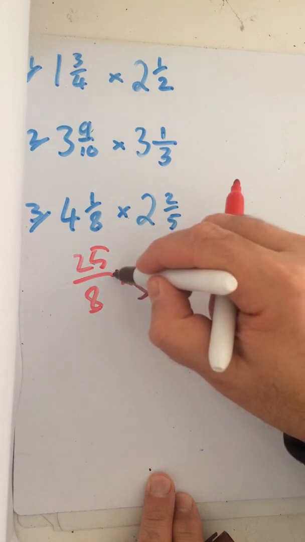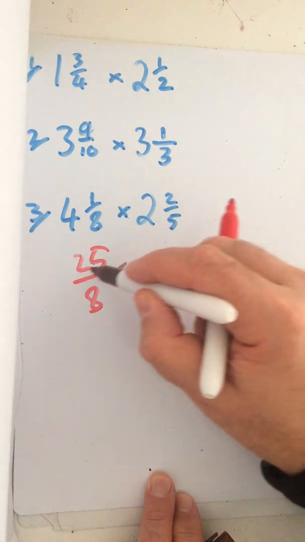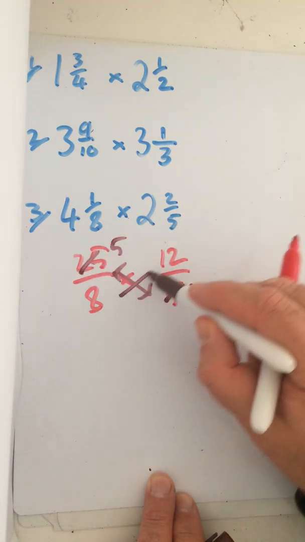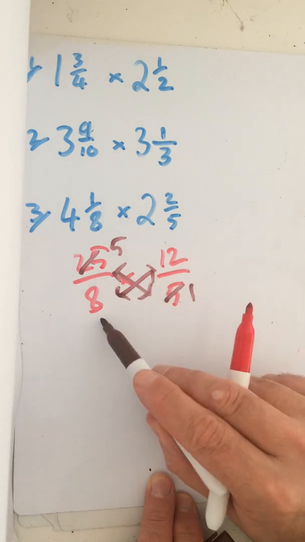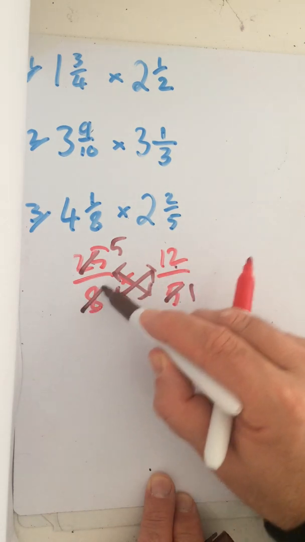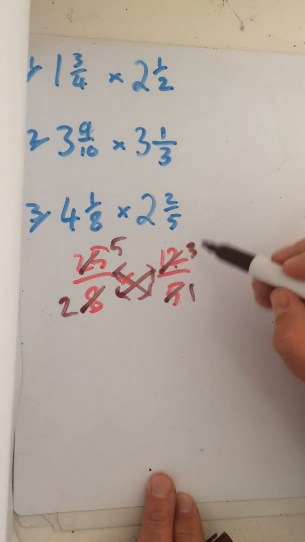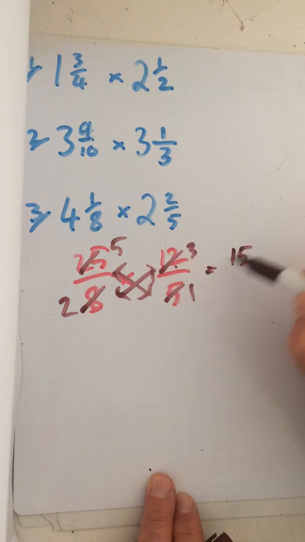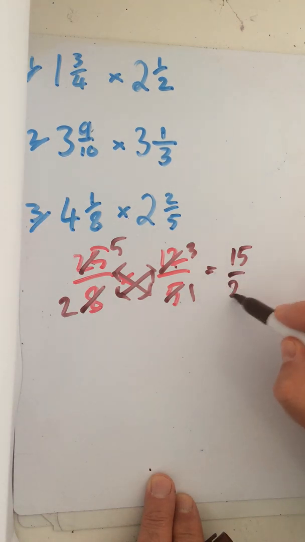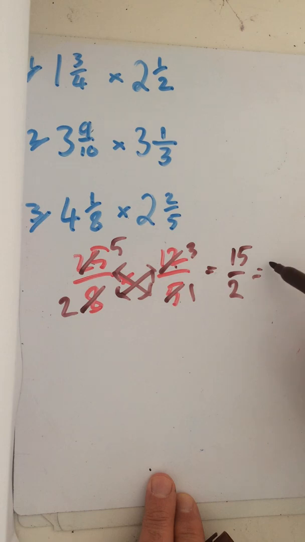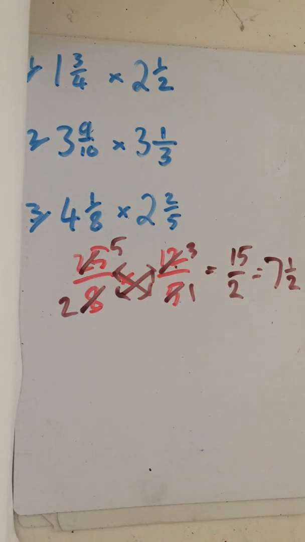So here 5 goes into them both, into itself once, into their 5. Okay, 4 goes into both 8 and 12. 4 goes into 8 twice, and into 12 3 times. 5 times 3 is 15. 2 times 1 is 2. I've got an improper fraction. How many 2s are in 15? 7 remainder 1. So 7.5 is our answer.